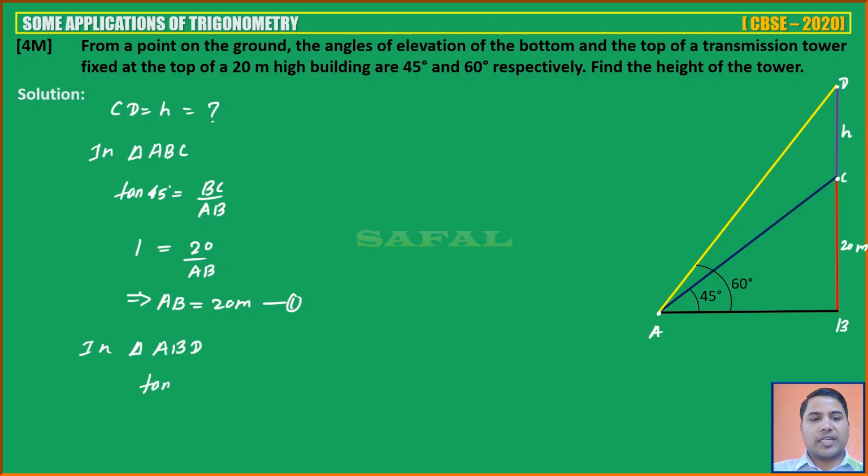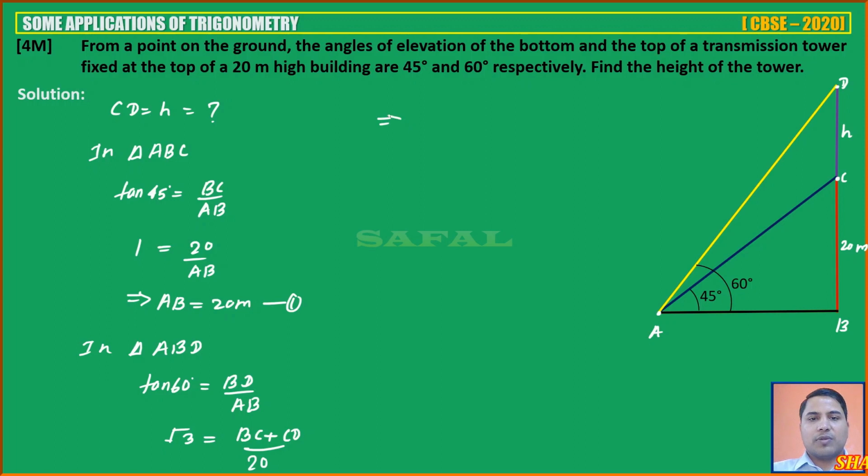From there we'll get tan 60 degree equals BD by AB. Tan 60 is root 3. BD is basically BC plus CD, and AB we have just found, that is 20.